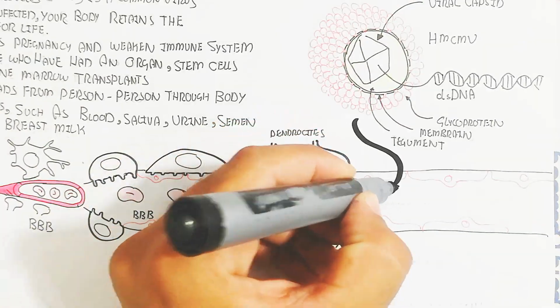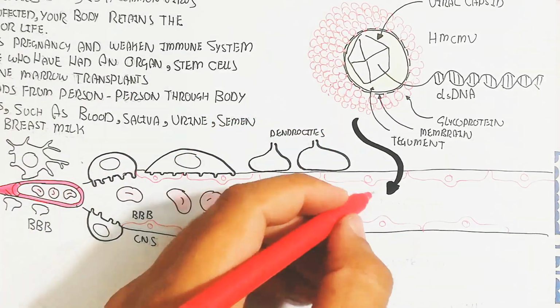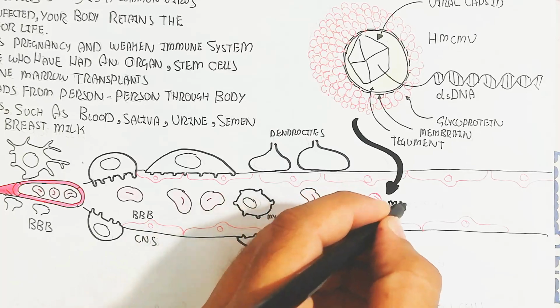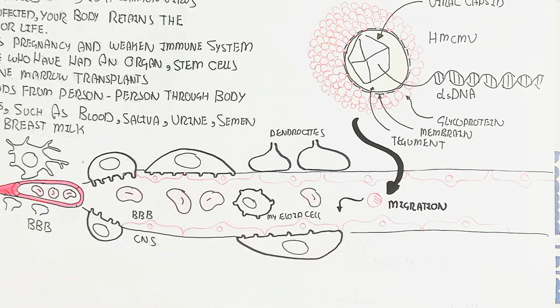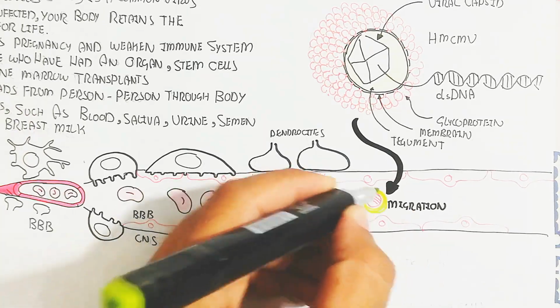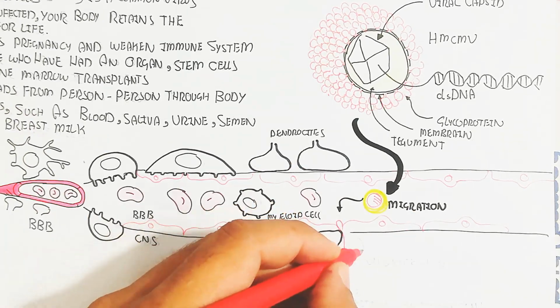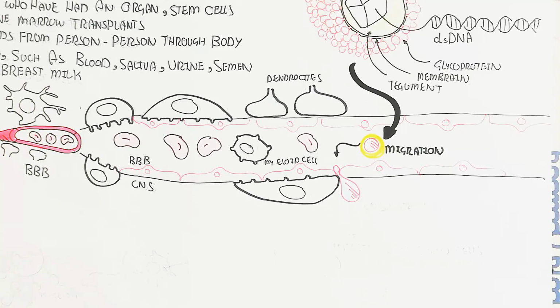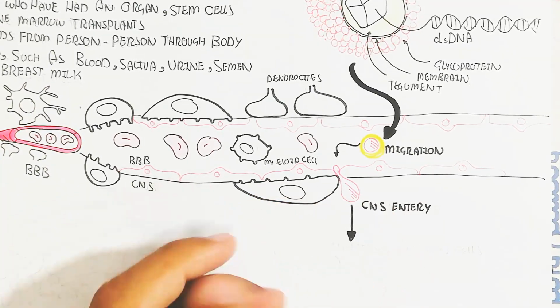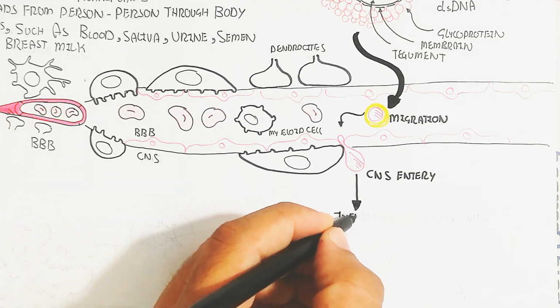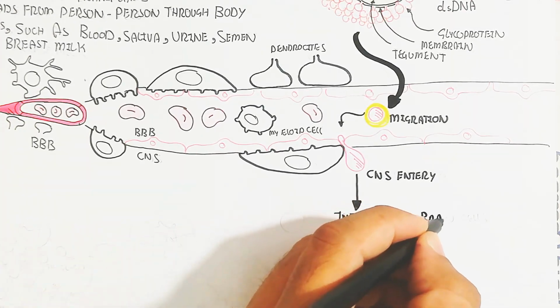So this is the blood circulatory system. Whenever the virus invades the blood circulatory system, it basically remains there. Myeloid cells are also infected. But in this way, the virus migrates into the central nervous system, enters the brain, and infects brain cells.